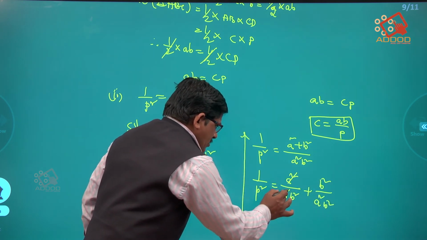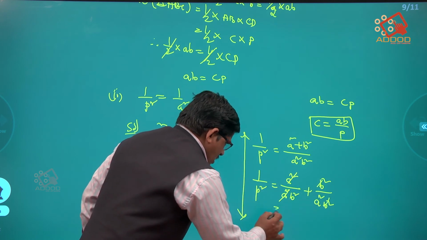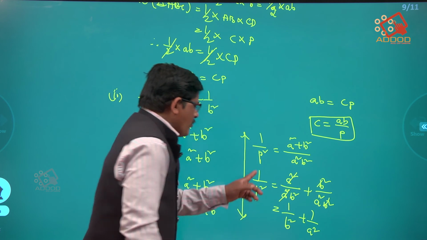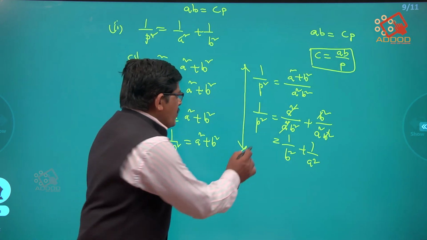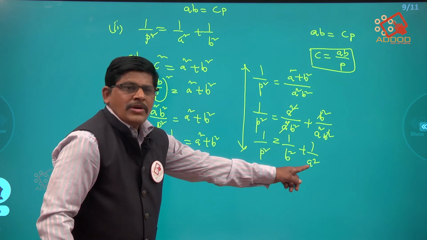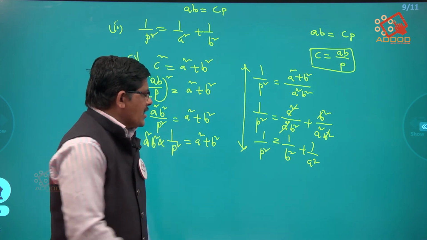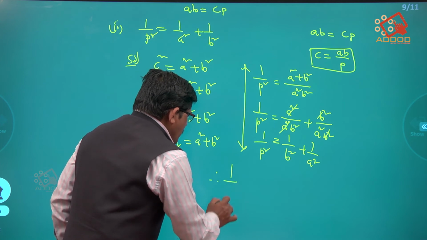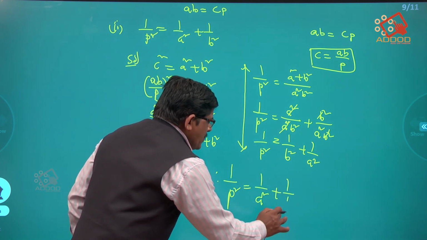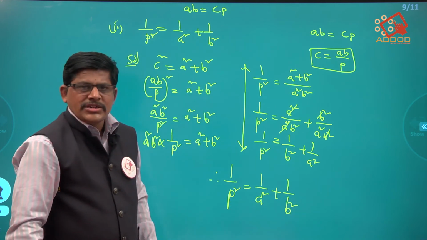A square cancels, B square cancels, giving 1 by B square plus 1 by A square. Therefore, 1 by P square is equal to 1 by A square plus 1 by B square. Hence, the second condition is proved.